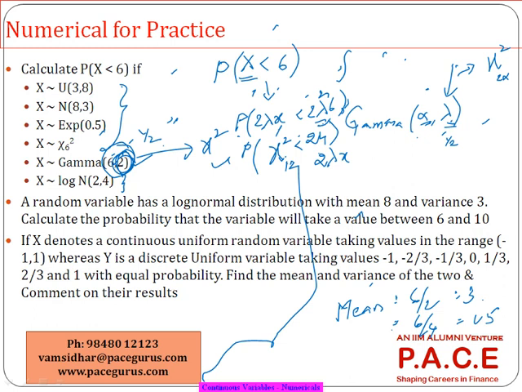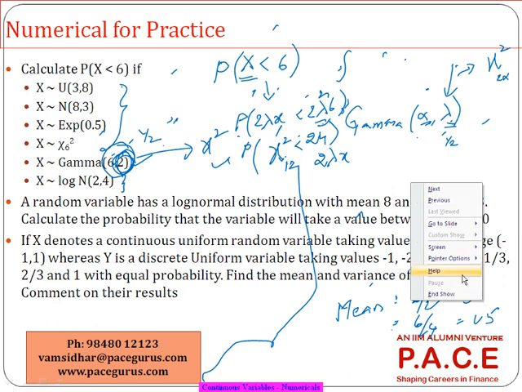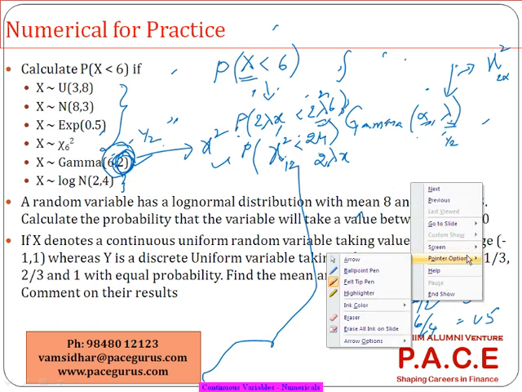Almost all the values should be less than 6 itself. That's the reason we are getting the answer as 97 or 98%. So most of the time for gamma related questions, instead of using integrations and doing all those things, for exam purposes it's very appropriate to go with the chi-square approximation.